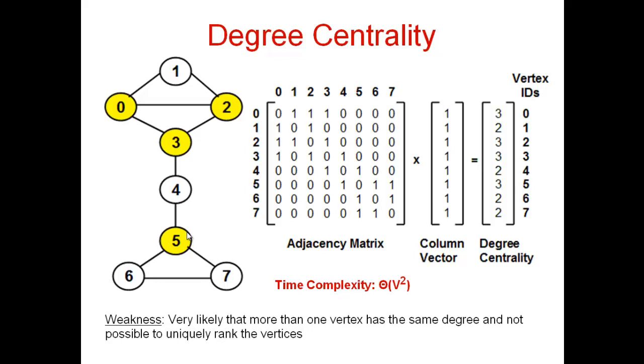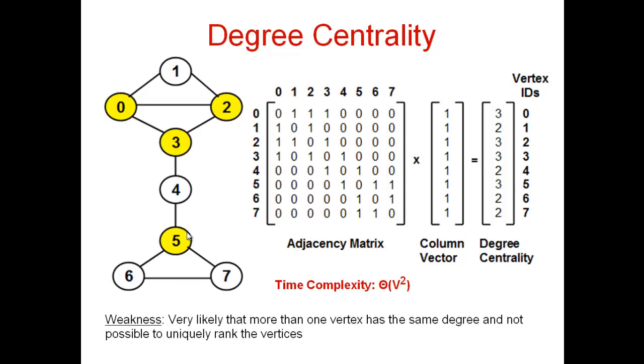That's a weakness of the degree centrality approach, because the underlying reason is it's an integer, and it cannot take more unique values. So that's one reason why degree centrality is not preferred to rank the vertices.